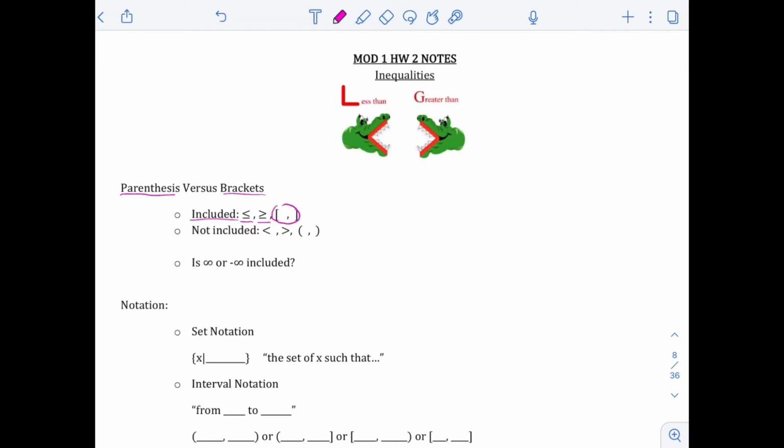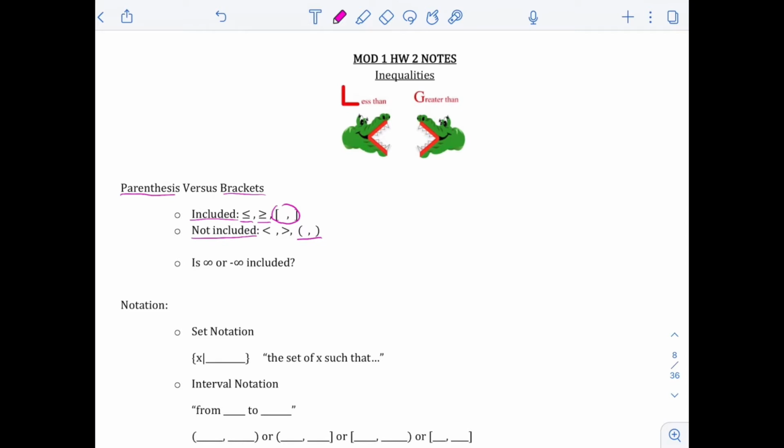And if the inequalities don't have equal signs, just like these ones, you're going to need to use parentheses to tell the reader that the values are not included.